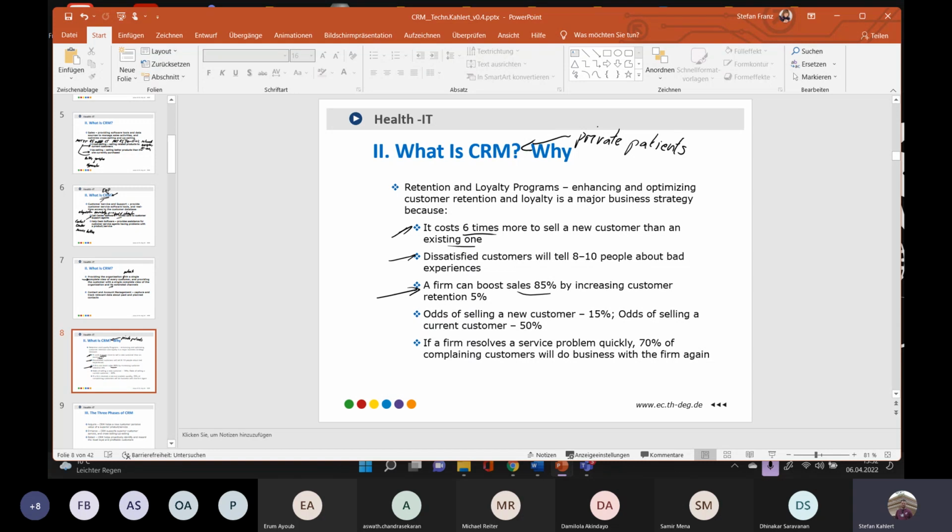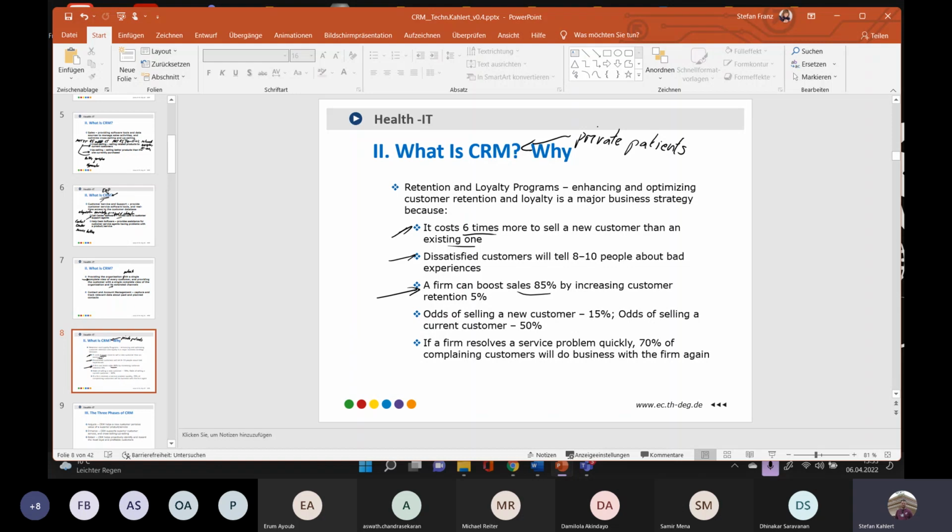So you get 10 times more money, and you can make profit as a public, but also as a private-owned clinic or hospital if you have private patients. And the ratio should be at least 10%. If you do not have that, you have problems to make any profit.